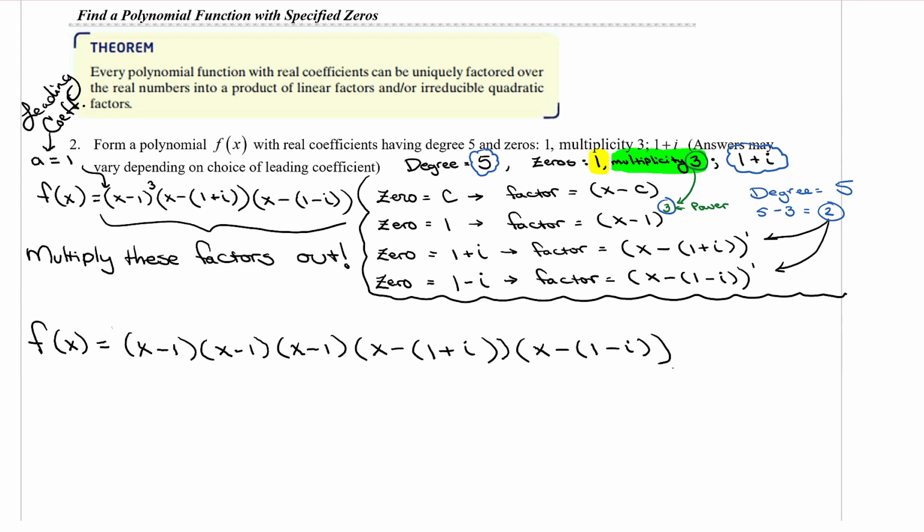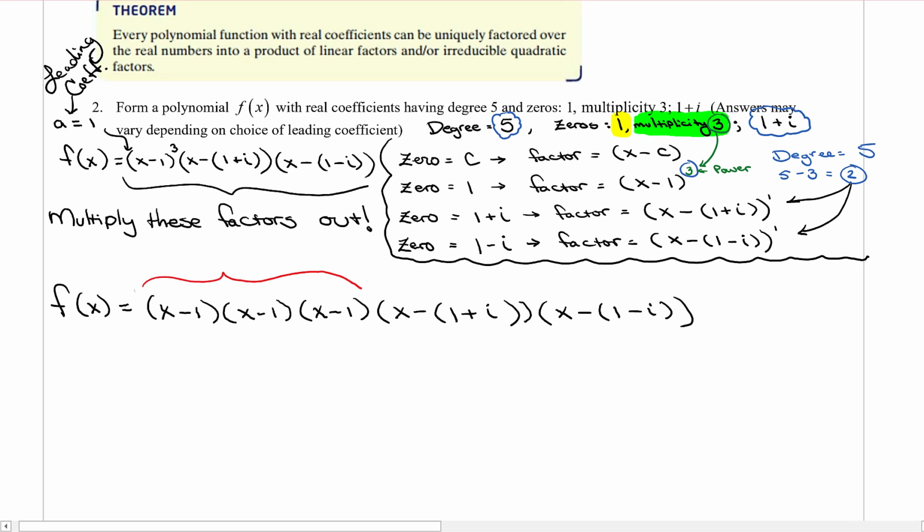But if I multiply all three out, that's going to be a little overwhelming to do all at once. So why don't we just focus on multiplying two of those factors at once? I think that's easier for everybody, right? Everyone agree? Yes. Let's multiply x minus 1 times x minus 1.